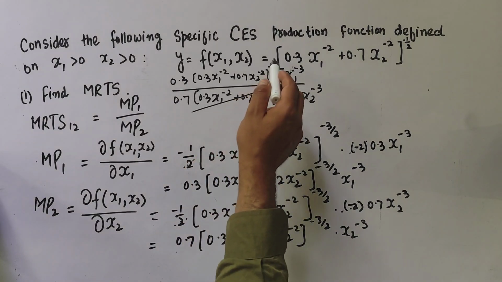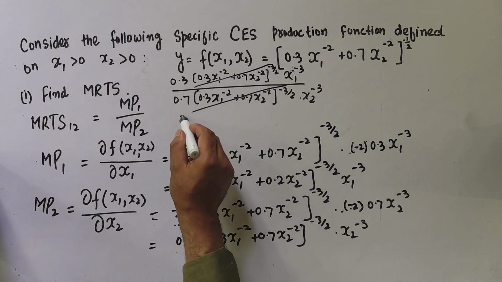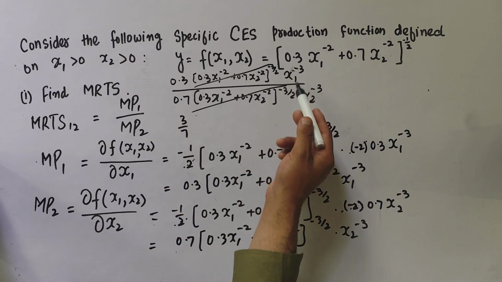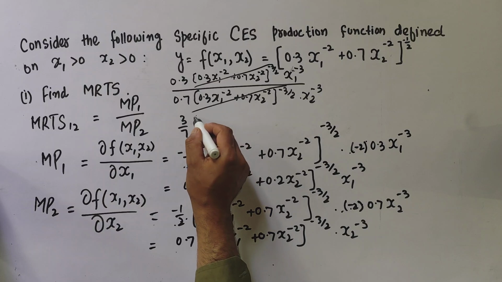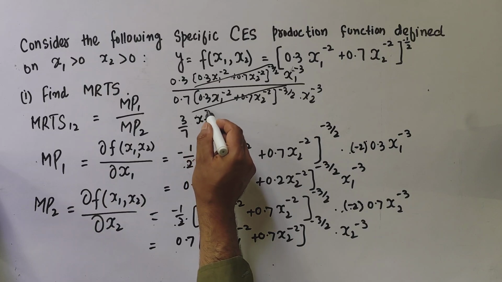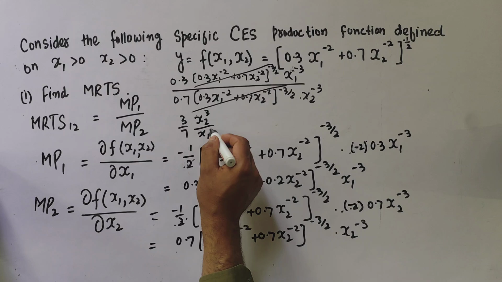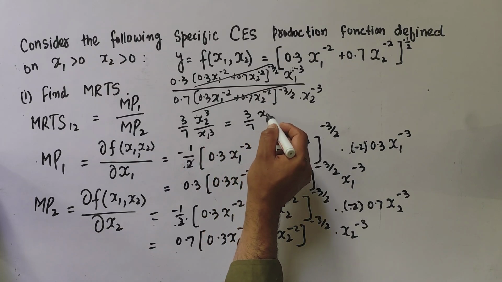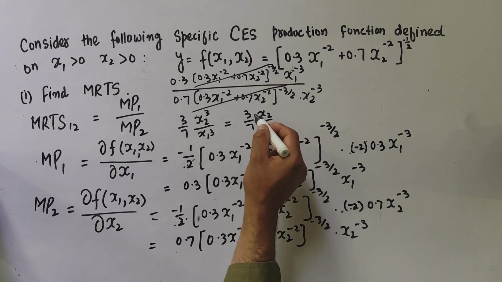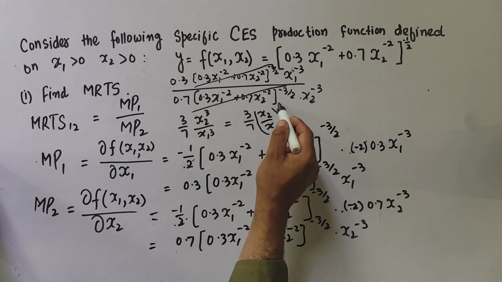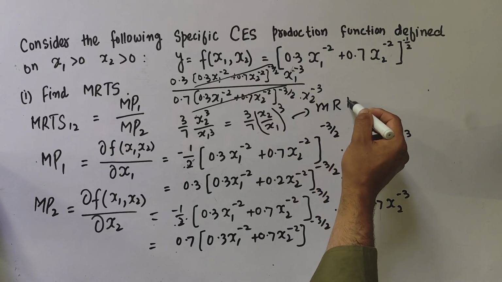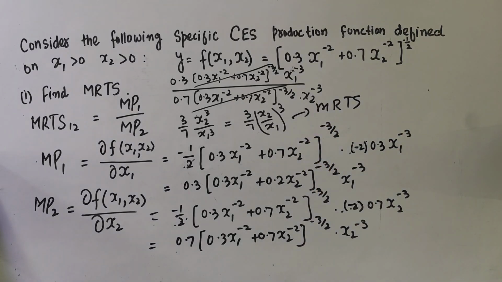This term and this term get cancelled, so we get 3/7, and transposing numerator to denominator and denominator to numerator, we get x2 cubed divided by x1 cubed, which is equal to 3/7 times (x2/x1) whole cubed. That is the marginal rate of technical substitution between input x1 and x2.